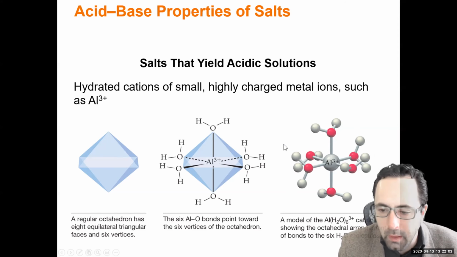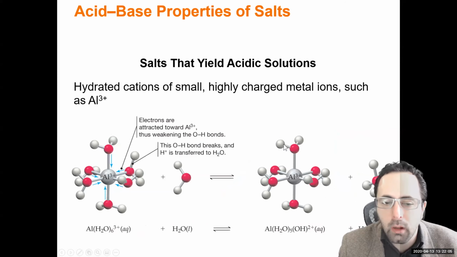Now, when this happens, because the cation is small and highly charged, this hexaaqua aluminum ion is pulling electrons inwards towards itself. The result is an inductive effect like we saw early in the chapter, which weakens the bonds between the oxygen and the hydrogen here.